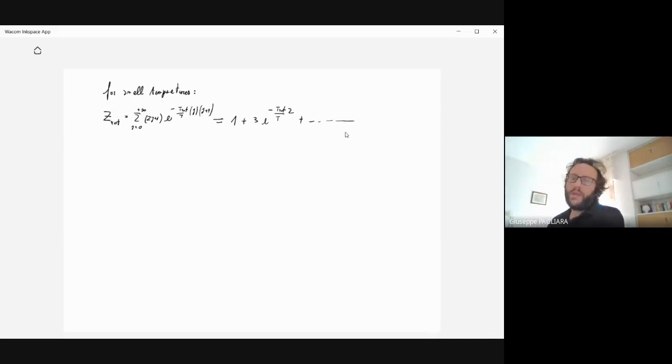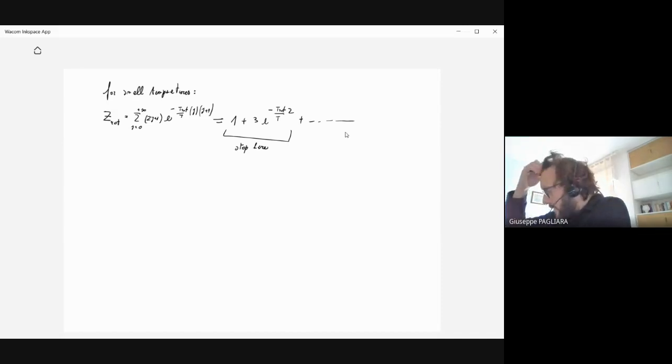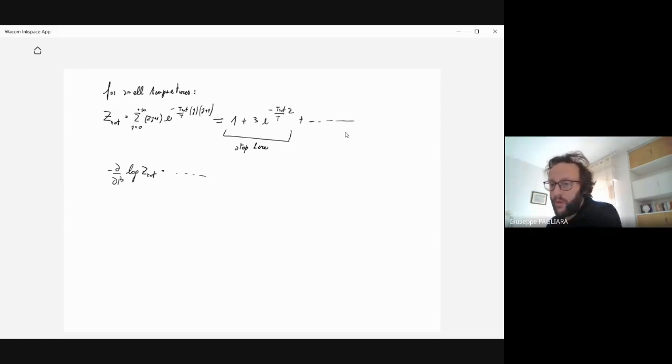What we will get is an exponential suppression, as in the case before, I can anticipate. So let us compute in any case. Let us compute the minus derivative with respect to beta of the log of z rotational, which, once you do the calculation, will be the following formula.